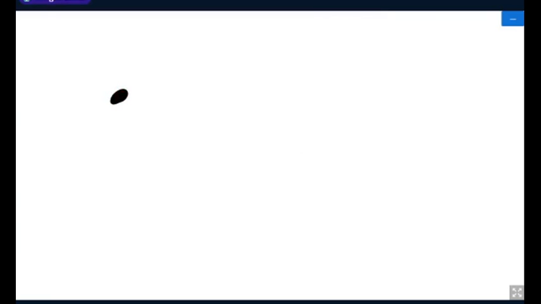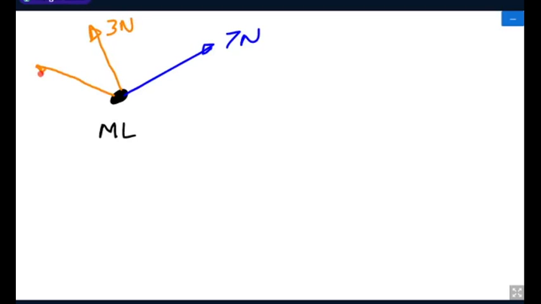So if I've got, that's me there, right? ML. I'm being pulled that way at 7 newtons. I'm being pulled that way at 3, and I'm being pulled that way at 4. So, does anybody want to sketch this? Wait there, let me just give you some angles.